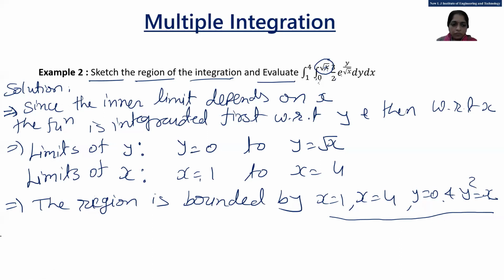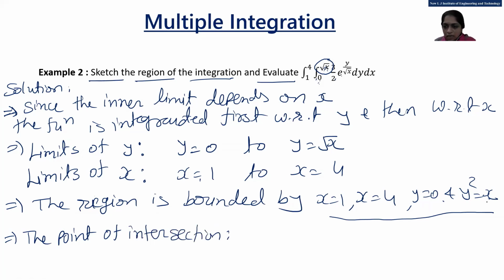Now the main point is the point of intersection. In this case, if I put x equal to 1, listen carefully, then y is 1. And if I put x equal to 4, at that time my y is 2.